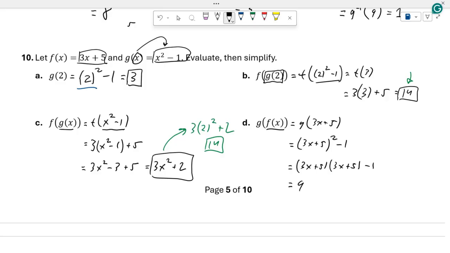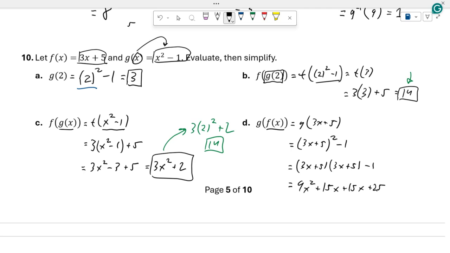So 3 times 3 is 9, and x times x is x squared. Outer is 3x times 5. So 3 times 5 is 15, and we have a single x. Inner is 5 times 3x. So 5 times 3 is another 15, and another x. And then last is 5 times 5, which is 25.